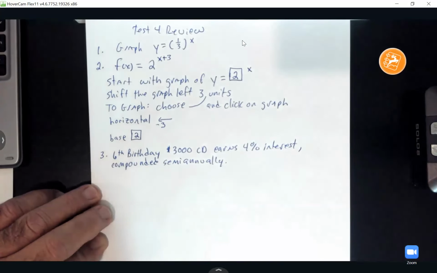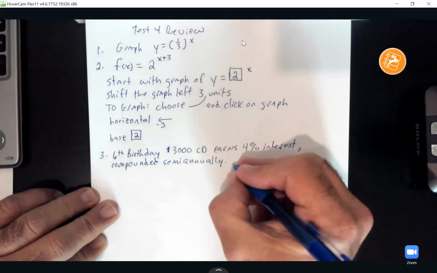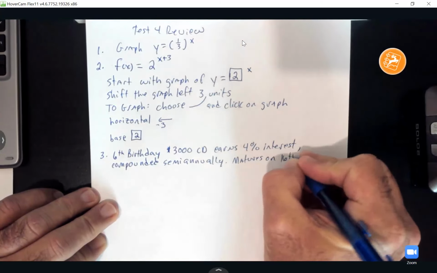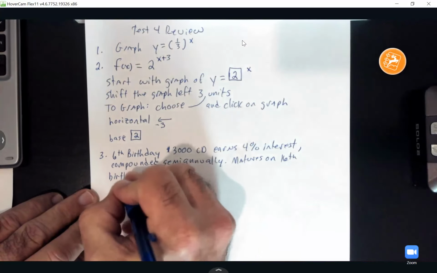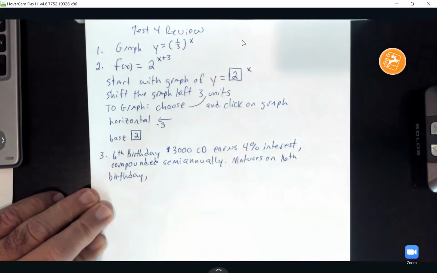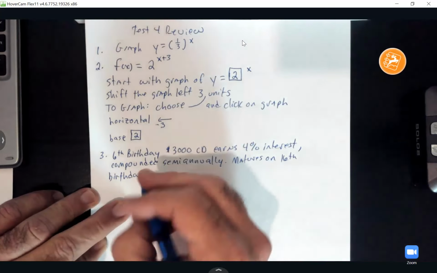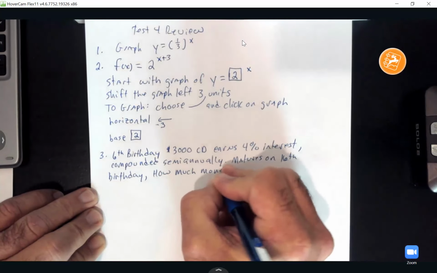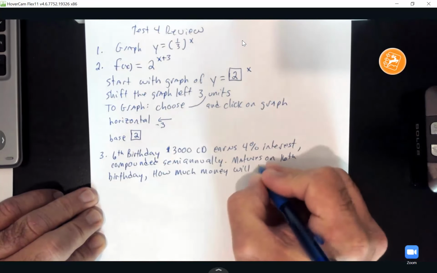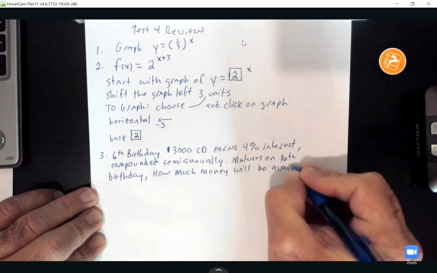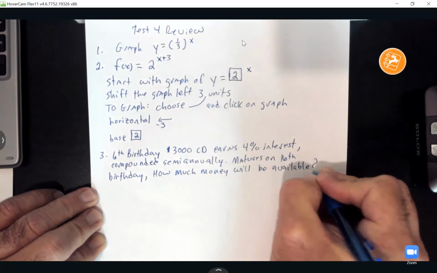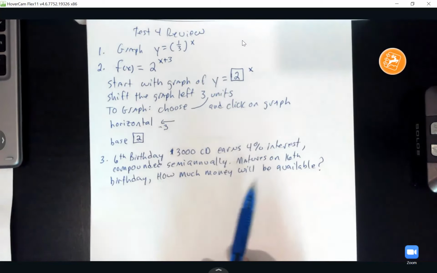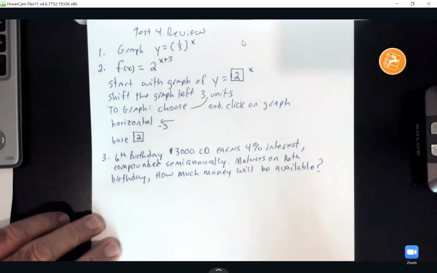So it says, if this CD matures on her 16th birthday, how much money will be available? Okay, so she got it on her 6th birthday. It matures on her 16th birthday, and they want to know how much will be available.